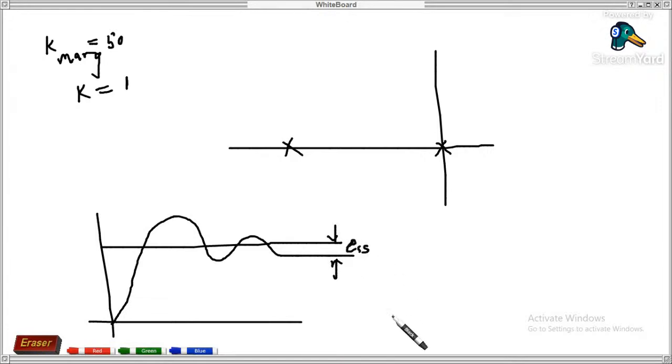Right? Now, if I increase this value of gain K from, let's say, 1 to 20, then my poles may shift from the origin to over here, from this point to over here. Okay.